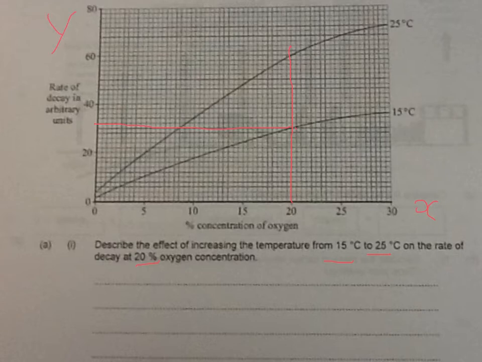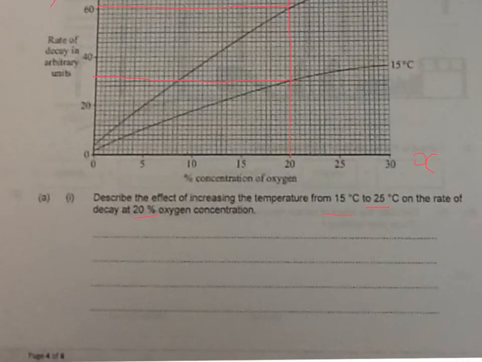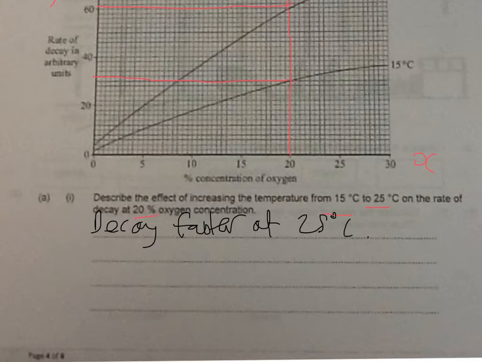We can do that for 15 degrees and for 25 degrees. Most people on this question managed to get 1 mark, and they got that by saying that decay is faster at 25 degrees Celsius.